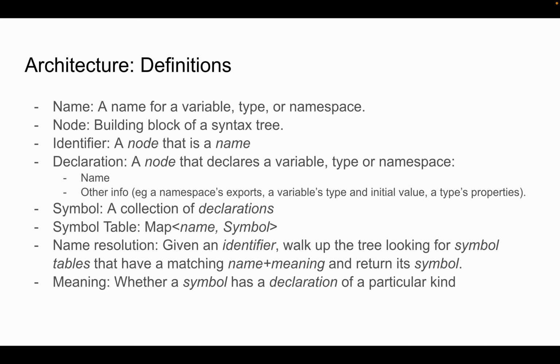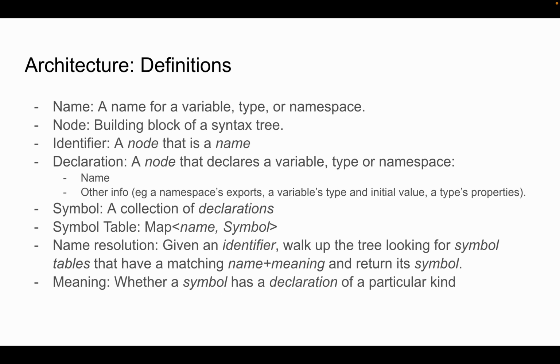An identifier is a node that is a name. So when you say x plus 1, x is an identifier. A declaration is a node that declares a variable, type or namespace, like var x, and it has some other info in addition to the name, like the initial value, its type, its type's properties. That's the sort of thing a checker might want to look up.